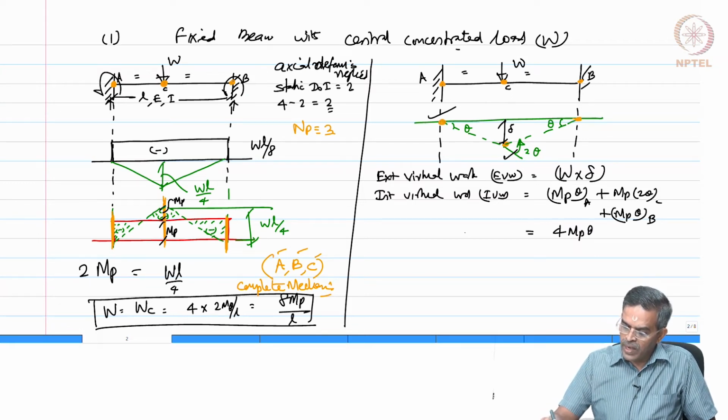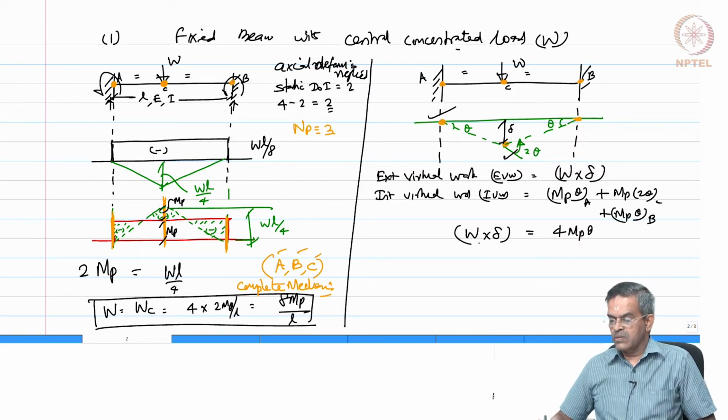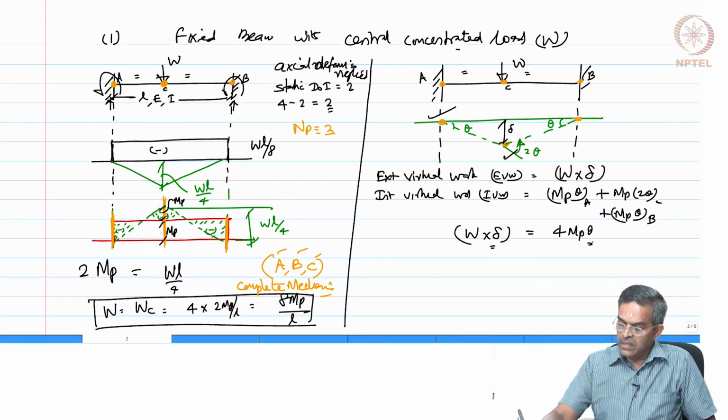So, let us equate external virtual work to internal virtual work. So, there are 2 unknowns here, del and theta, but in the figure they are connected.